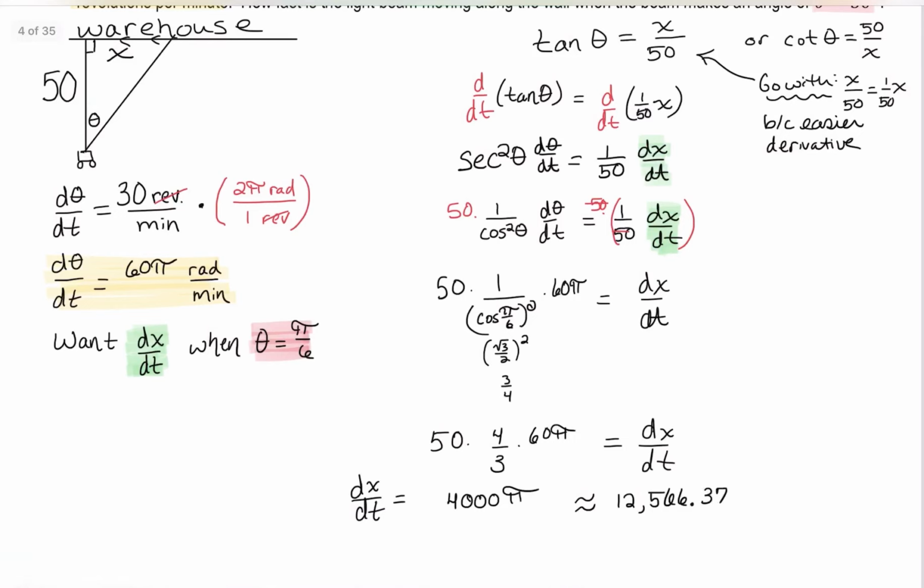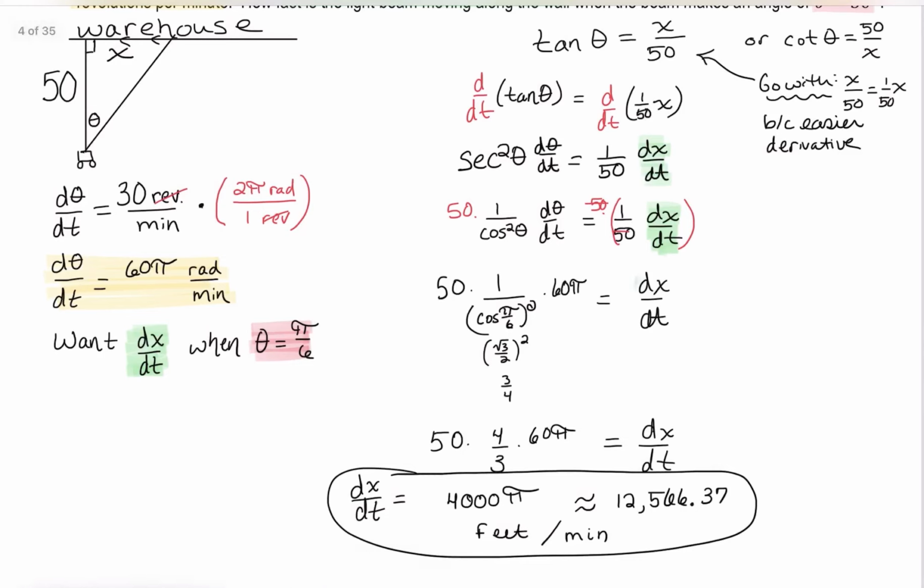And this is how fast the x was labeled in feet, and the t here was actually in minutes. So this one would have been feet per minute. And so this would be our final answer.